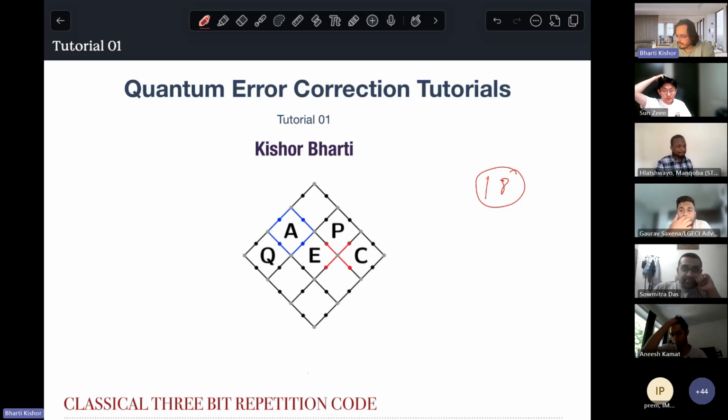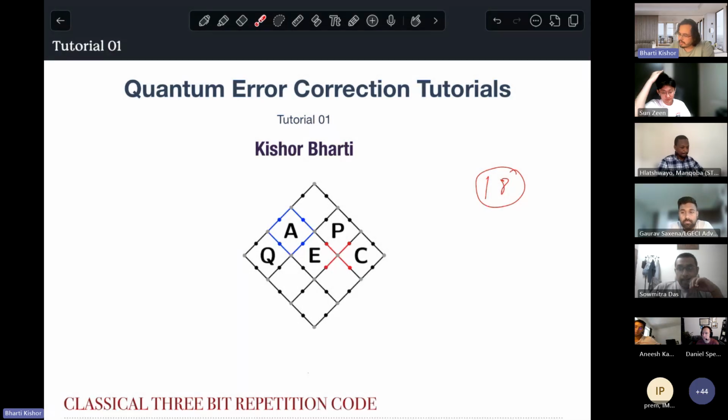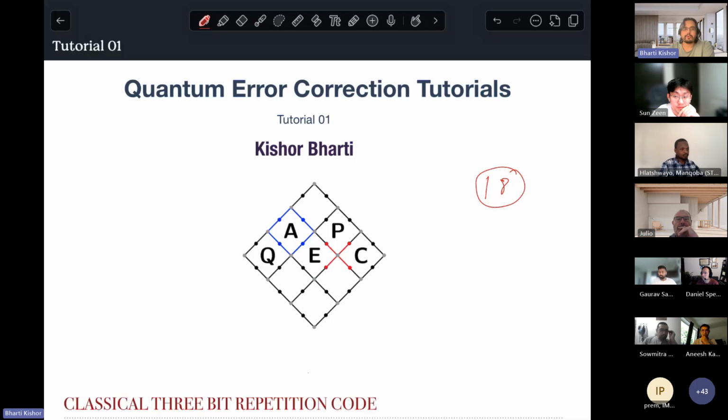Okay, so basically, today I will talk about three things. I will start from the very basic classical repetition code. There is a classical 3-bit repetition code that will be the starting point.